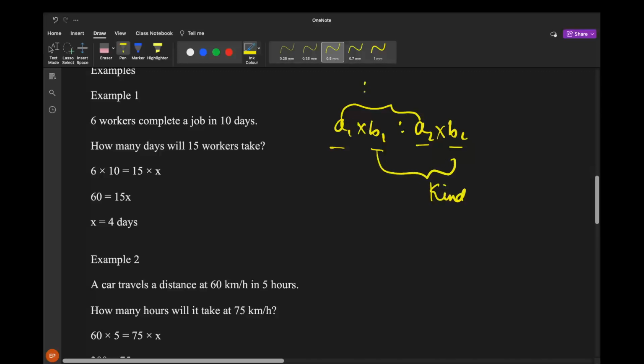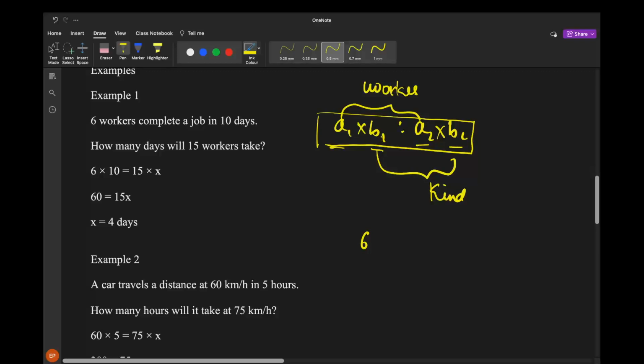If A1 is workers, A2 must be workers. If B1 is time, then B2 must be time. If you write in this order, you will definitely get the unknown value. Here, let me take A as workers. 6 workers complete a job in 10 days.